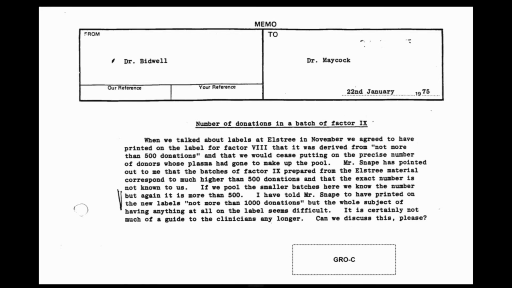Now, frustratingly, we don't have a document setting out Dr. Maycock's reply, and it may be that there never was such a document. The discussion may have been an oral one. I'm conscious that Mr. Snape, or Dr. Snape as he now is, is going to come and give evidence, so I won't speculate about what this means. But I will raise one possibility, which is that there is evidence to suggest that factor 9 was sometimes fractionated from factor 8 pools which had been used to produce factor 8 and then were repooled in order to make factor 9.